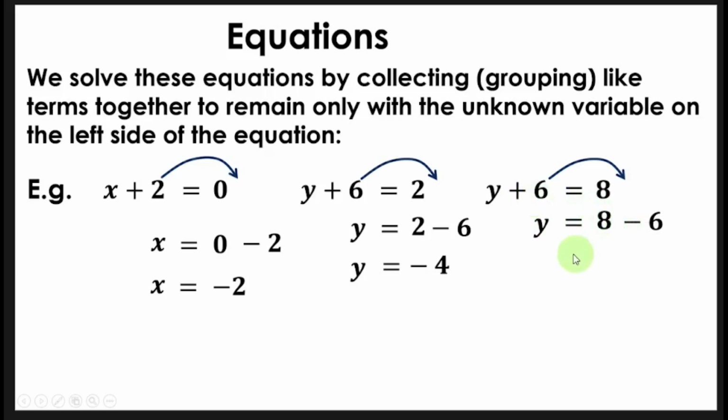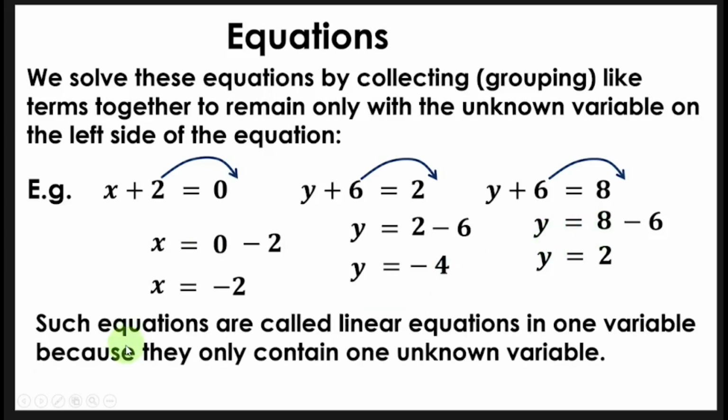Then from here, you say y is equal to 8 minus 6, you get 2. So you see, these are the answers we found previously as well when we solved using the grade 1 or grade 2 format or method.